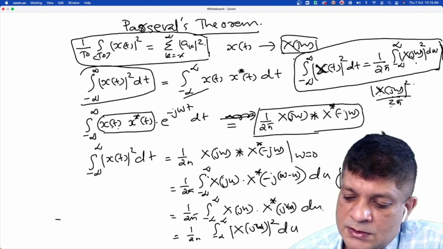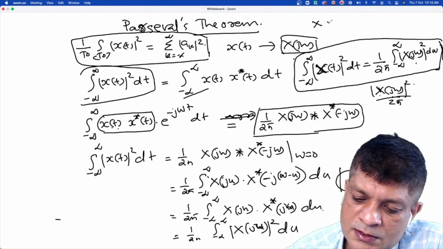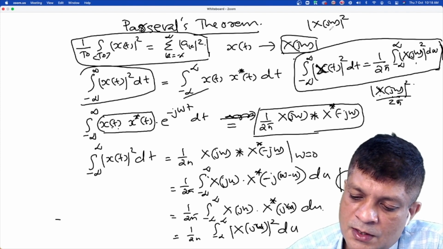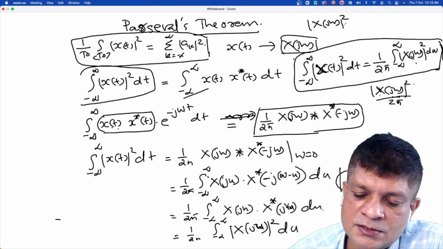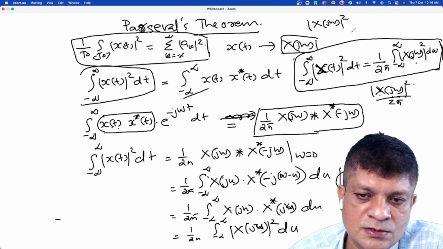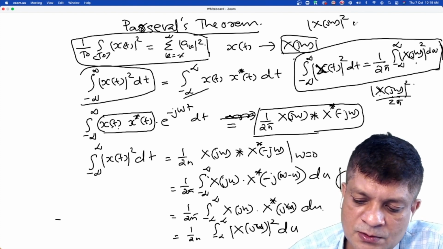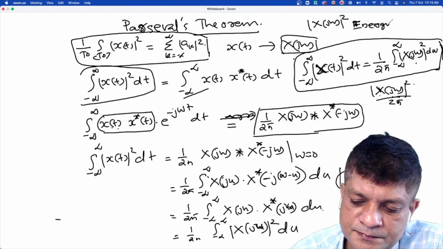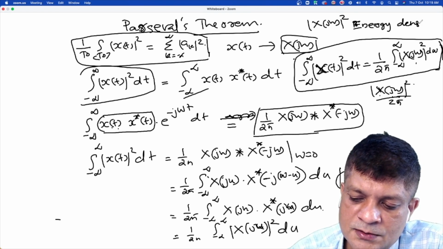So that's why this |X(jω)|^2, if you sketch it as a function of ω, is called the energy density spectrum.